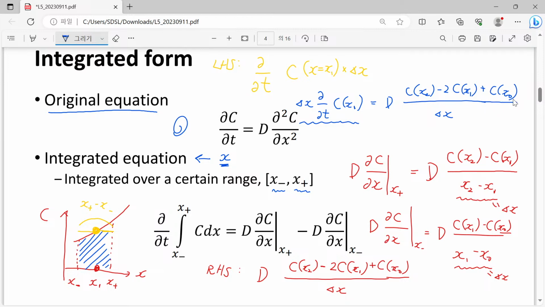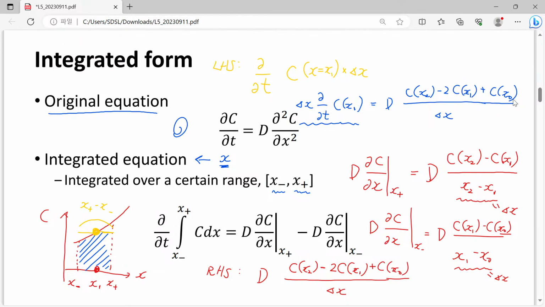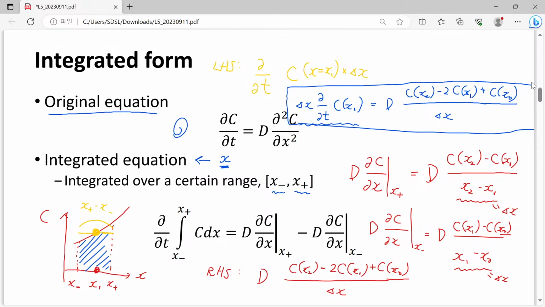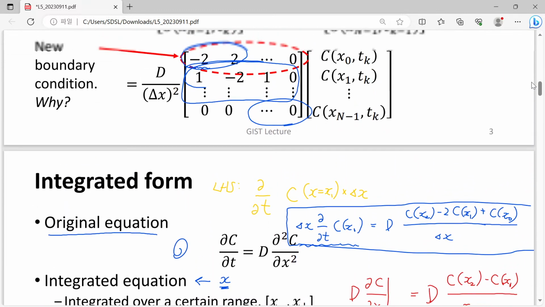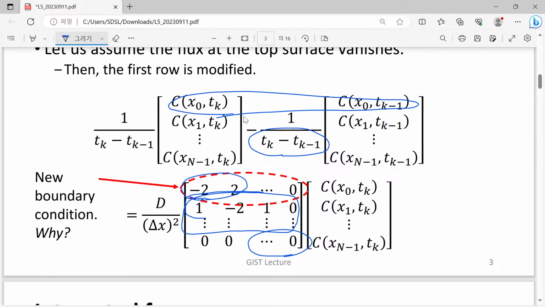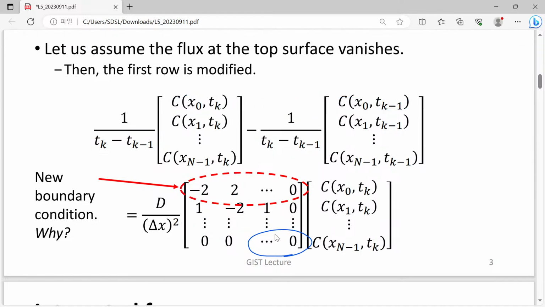Then I want to ask you, what is the difference between my form finally obtained by equating the left hand side and right hand side and our previous implementation? For example, you can understand we are now talking about the second law here.